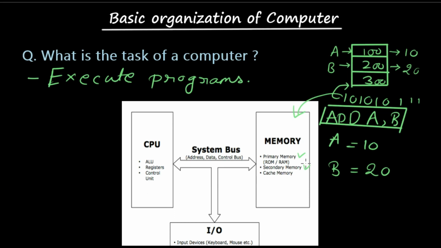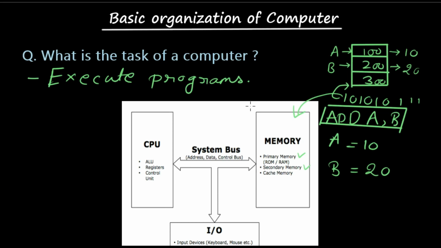Now let us get back to our discussion. Suppose this bit pattern is stored inside memory, in location 300. Now this instruction has to be brought to the CPU, because we want to do the addition operation, and addition cannot take place inside memory.